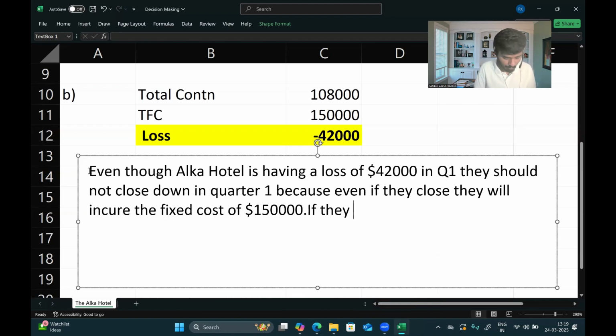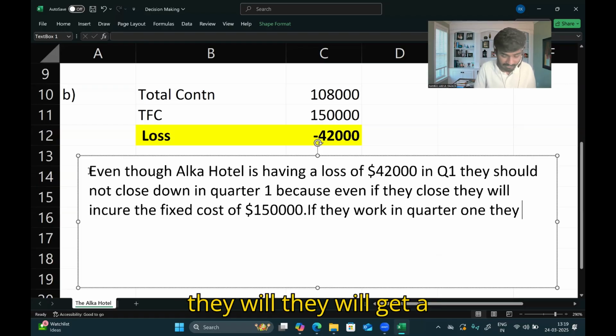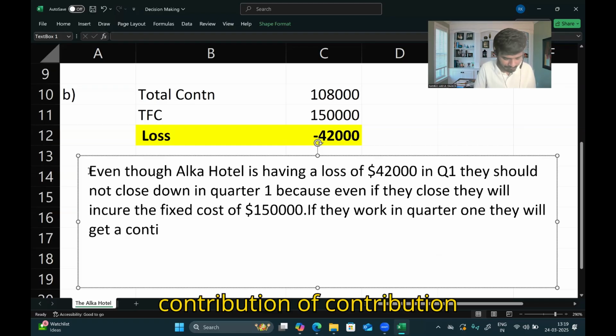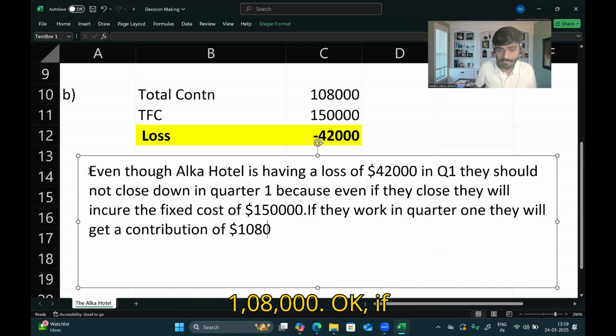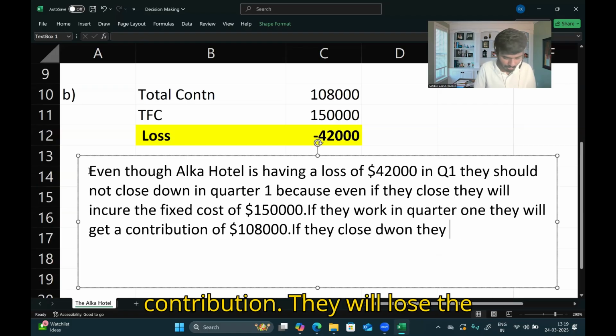If they operate in quarter one, they will get a contribution of $1,08,000. If they close down, they will lose the contribution.